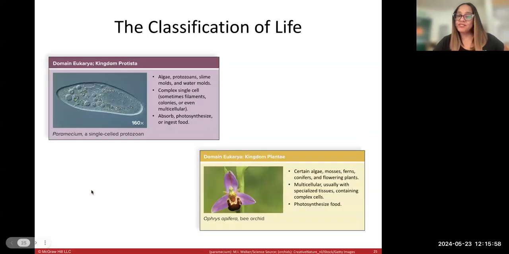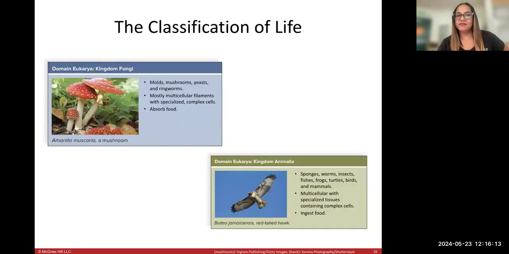So you have the protists: algae, protozoans, slime molds, water molds. Protists are mainly known for what they're not. They're a unique category and quite fascinating, but we don't talk about them too much in this class. The plants, kingdom Plantae, kingdom fungi, fungus, however you want to say it. And then Animalia, that's us.